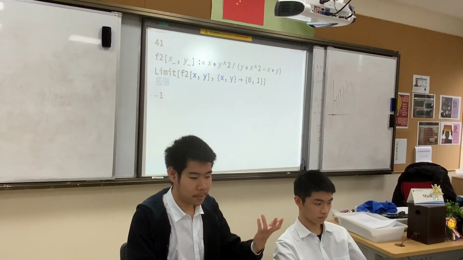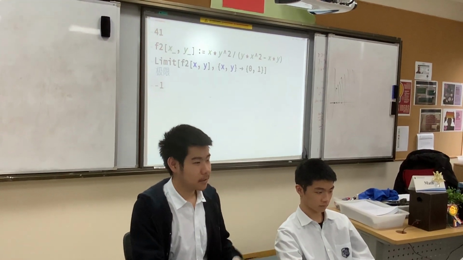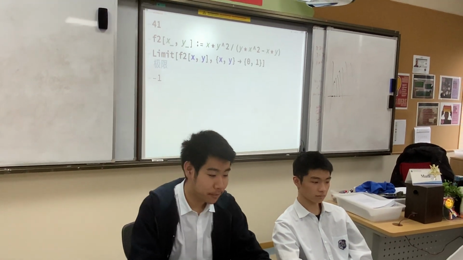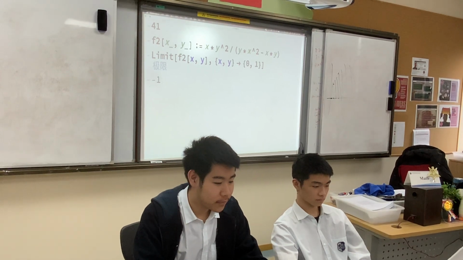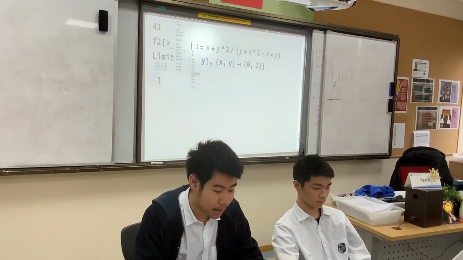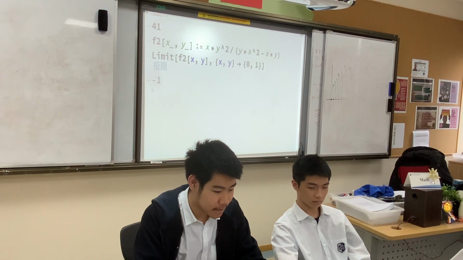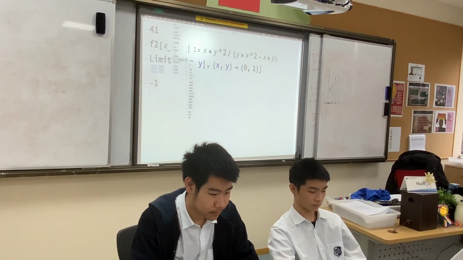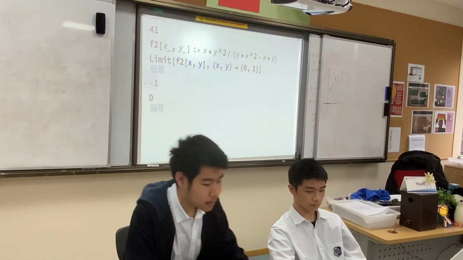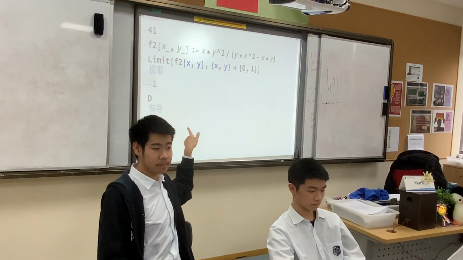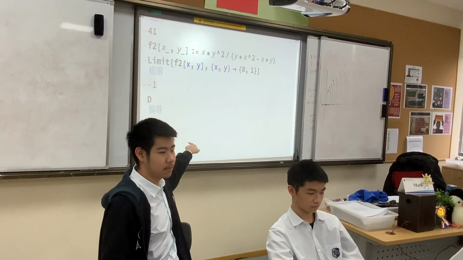So now, another part of functions that are really important, derivatives. How are we going to find derivatives in Mathematica? It is another very simple command called D. But Mathematica only has this built-in command of a partial derivative.